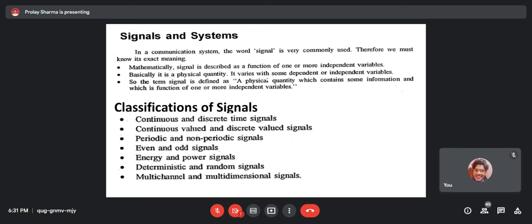This way we can classify the signal. For multi-channel, we can set an example of a color movie picture. We can say that multi-channel, three channels are there, and multi-dimensional also. So let's define one by one.